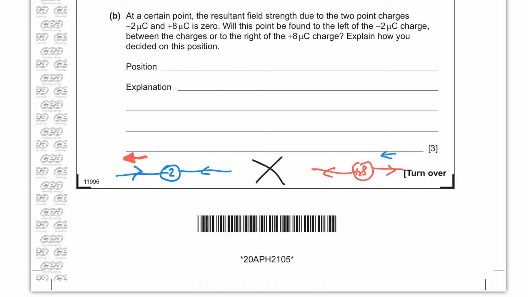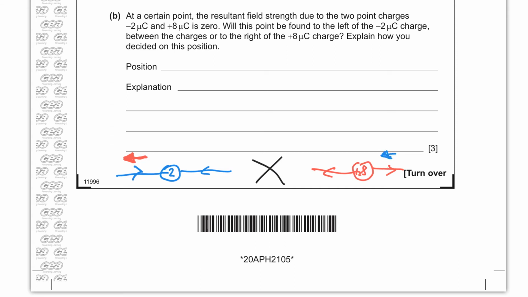And really what we have to do is decide where they could be of equal magnitude. That's really the big deal here. What you have to realize is that the field that's quite distant from the 2 over here will never be stronger than a field close to the 8, because the 8 will by its nature generate a stronger field.